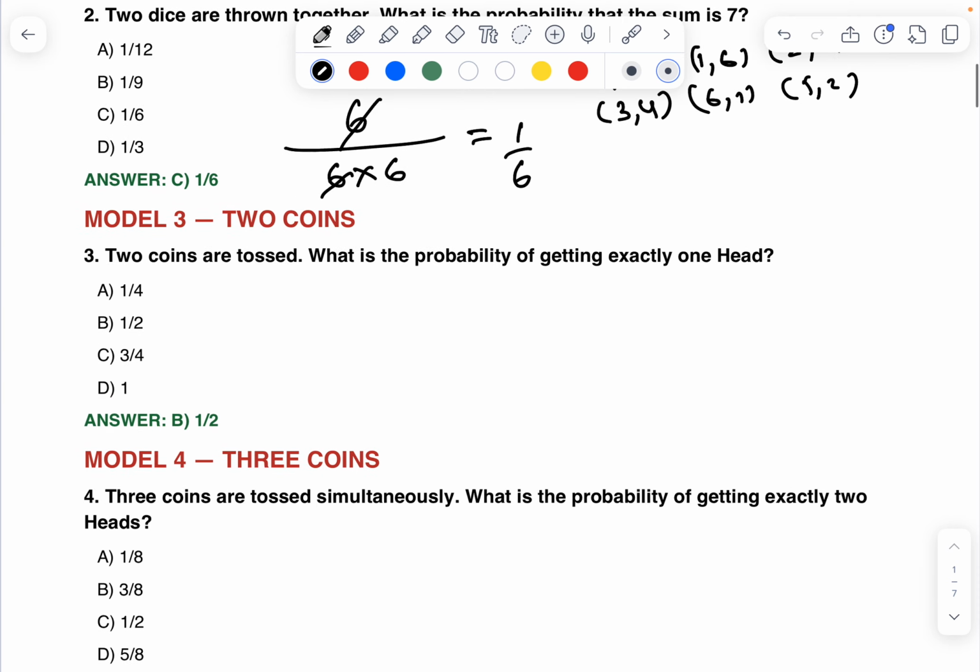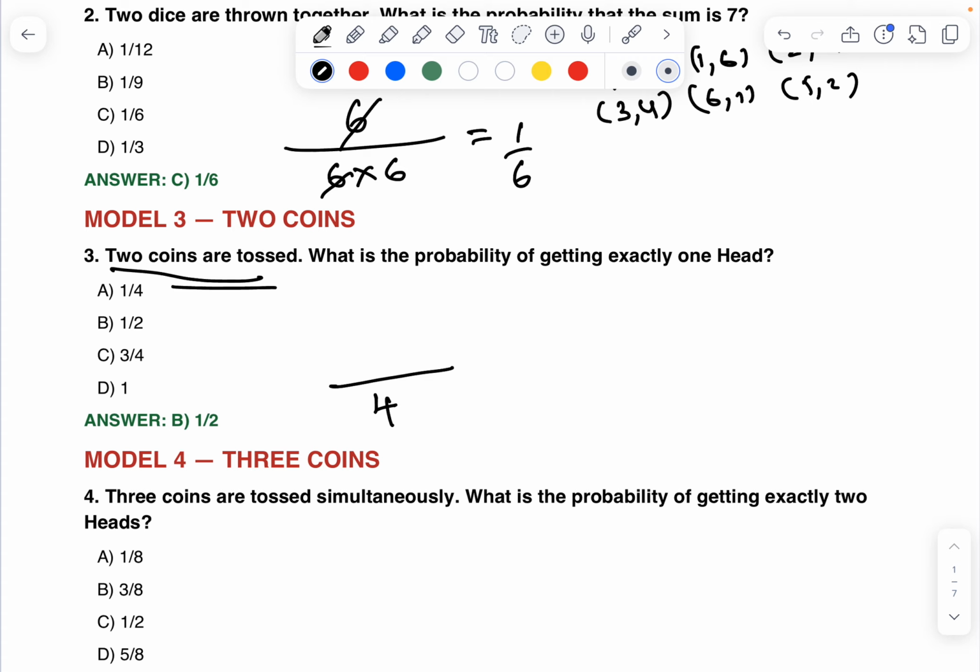Next, two coins are tossed. What is the probability of getting exactly one head? What is the formula? Favorable outcomes by total outcomes. Two coins are tossed.